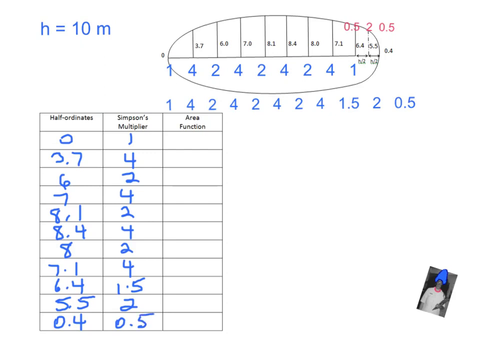Now multiplying across in each row, 1 times 0 is 0, 3.7 times 4 gives us 14.8, and so on.